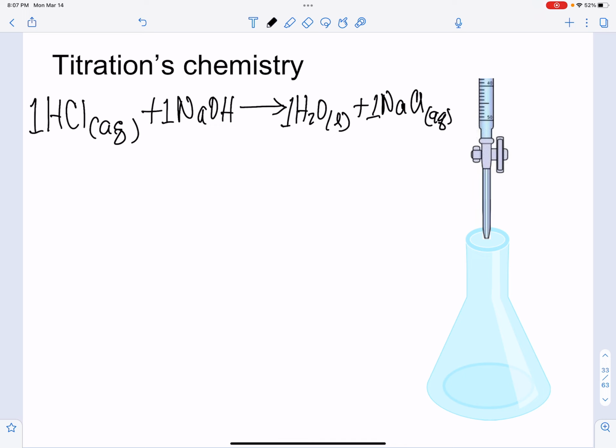So you're gonna have your acid in there, a given amount of milliliters, and you're gonna have your base in here. So let's be more specific and follow the one that we're actually doing.